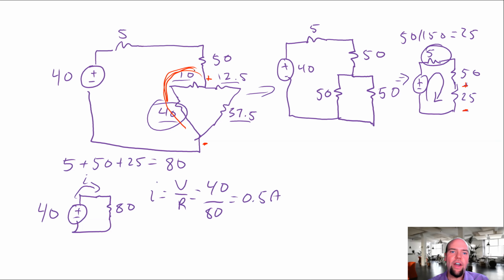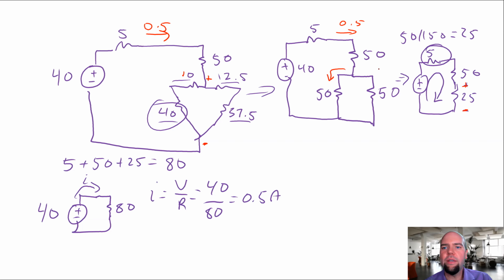Alternatively, we could use current divider to find this. So we could say basically right now we know that there's 0.5 amps here. And we know there's 0.5 amps here, and we know that gets split here.